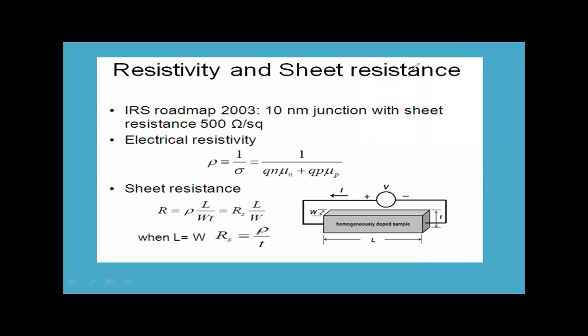So the question here is: what is the resistivity, and how do we measure the resistivity of a sheet? Suppose you have a sample of polymer, like a polythene cover or a vegetable bag, packing material, or the bag in which you carry medicines.